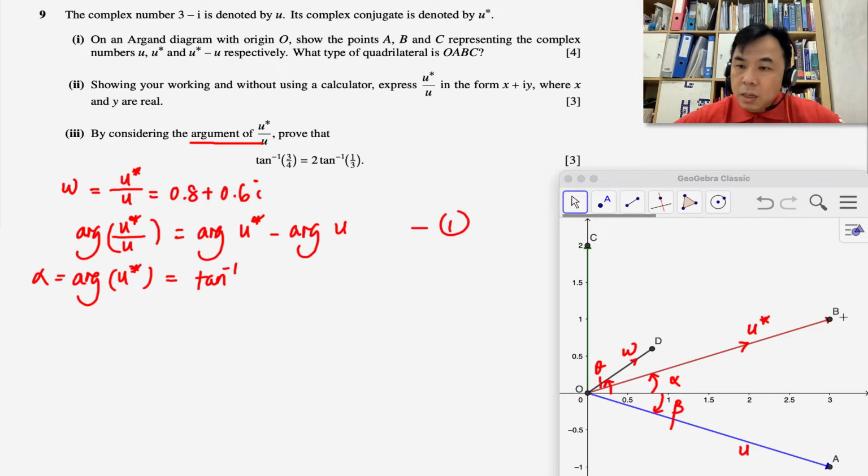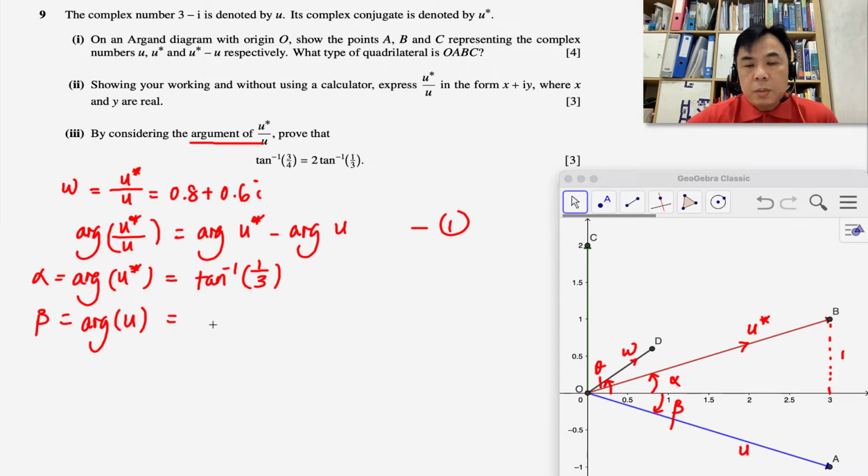You can see that here, this is 1 unit and then 3 units, so it is the inverse tangent of 1/3.